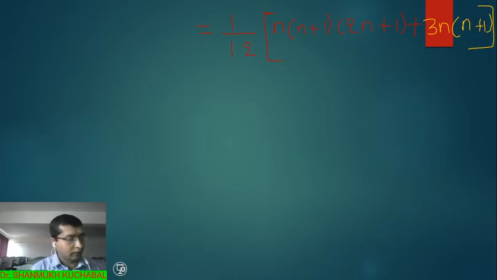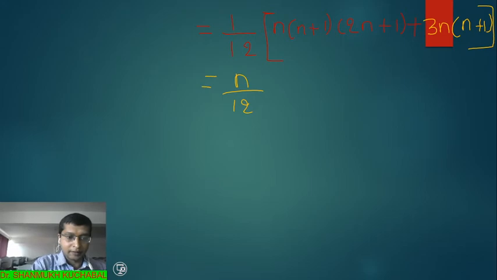Okay. Further we will simplify, so we get n divided by 12 multiplied by n plus 1 into 2n plus 4.